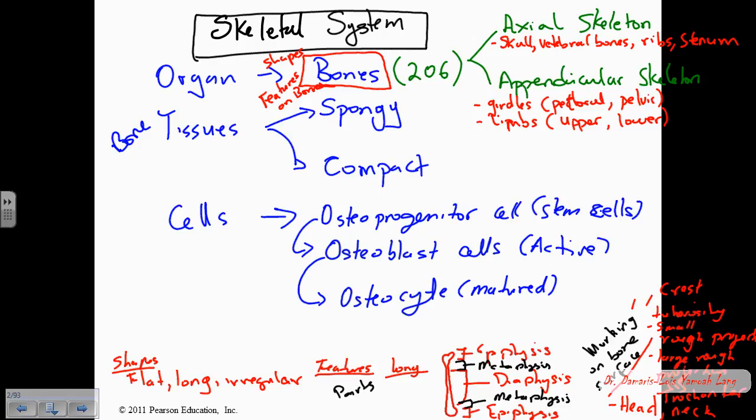Some of the markings include indentations or depressions where blood vessels travel through and stuff like that. So sometimes they call it sulci. And then some of the surfaces on bones are more like shallow depressions, and they call it something like fossa.